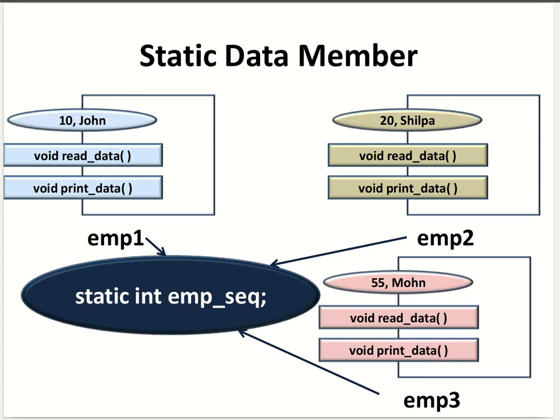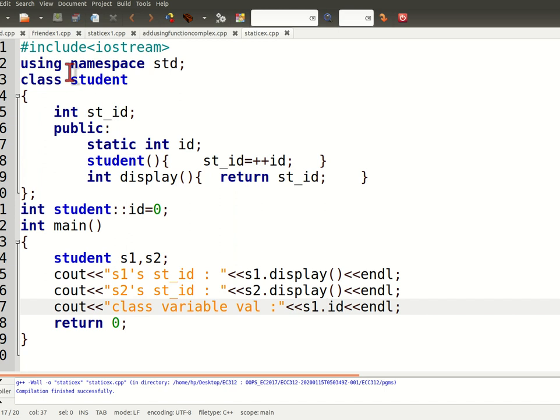Let's see an example. Here, in the class student, we have the student id st_id, and there is static int id. Whenever I mention static int id, it is not an object variable or object data member, it is a class variable.